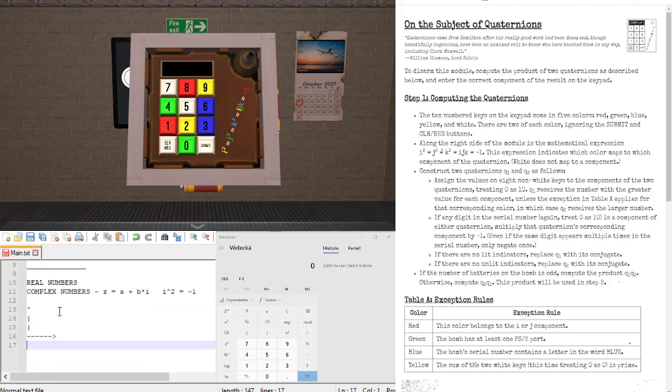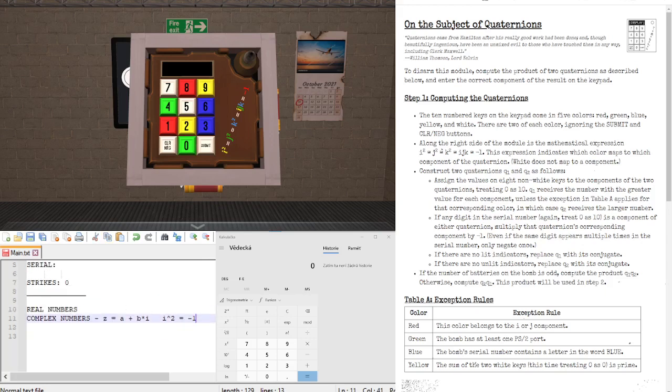Every point in that plane would have a real coordinate, which is the coefficient a of the real part, and on the imaginary axis we would have the coefficient b, which is a real number, and then we multiply it by i, sum those two numbers, and we get a complex number. So that's what complex numbers are.